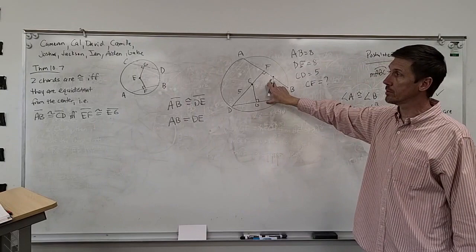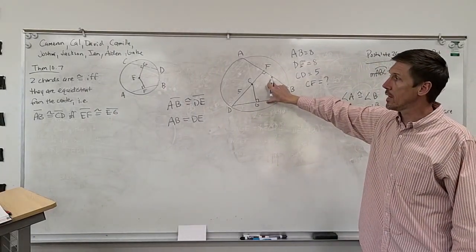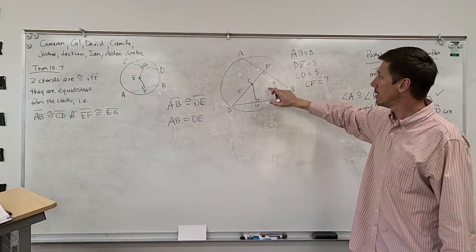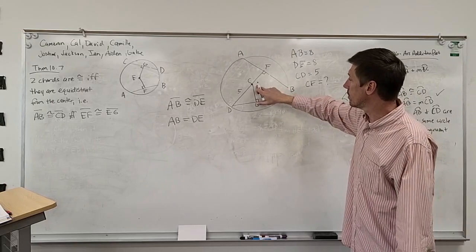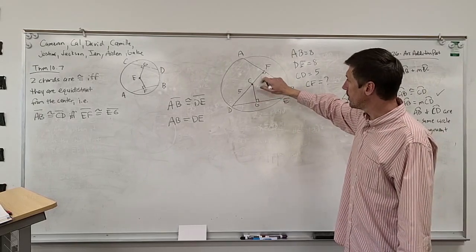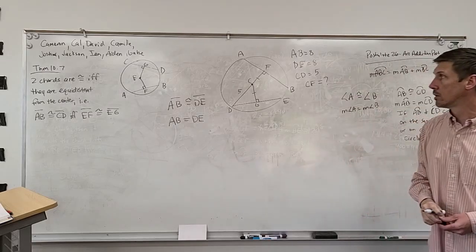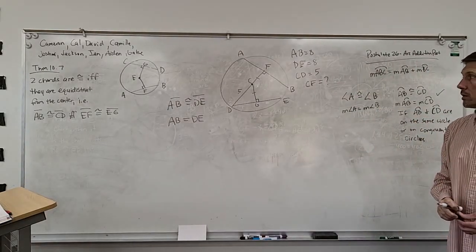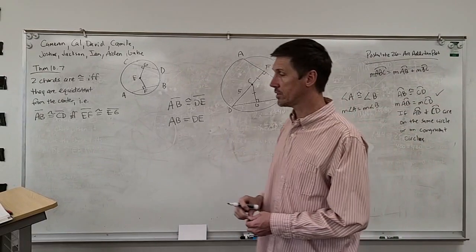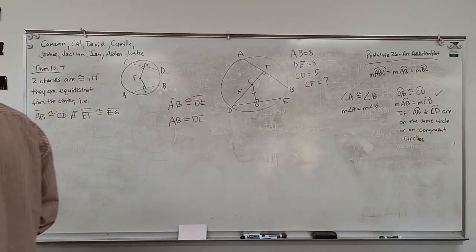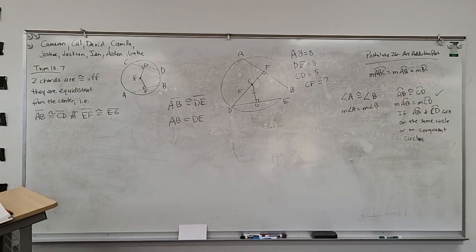So since we know we're dealing with congruent chords, that means line segments drawn from the center that are perpendicular to those chords have to be the same measurement. EF and EG have to be the same. Do you guys see that?